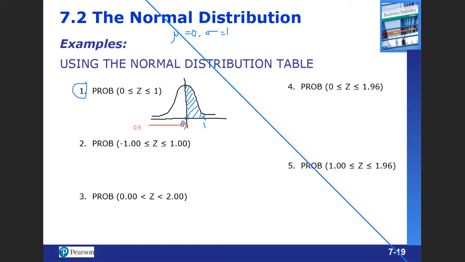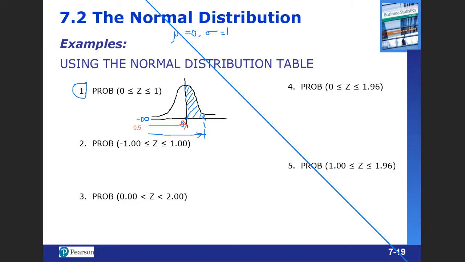But I'm going to also tell you that the table always gives you the area from negative infinity up to your z value. Okay, it always gives it from all the way to the left up to your z value. So I'm going to look up on the table from negative infinity to 1 when z is equal to 1.